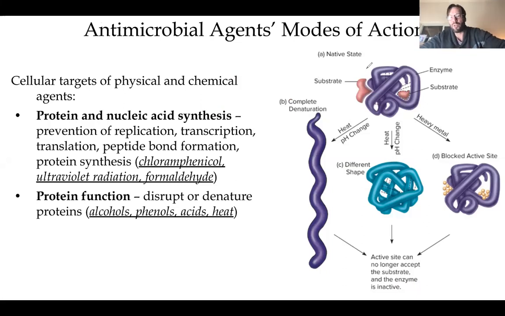And so you can denature it to where it now has a different shape, using, for instance, heat, or changing the pH, if it's not a thermophile or if it's not an acidophile. Once you change the shape, it no longer has the same function, and that function is no longer available to that microbe, and that might be a very important function, so the microbe cannot subsist after that.